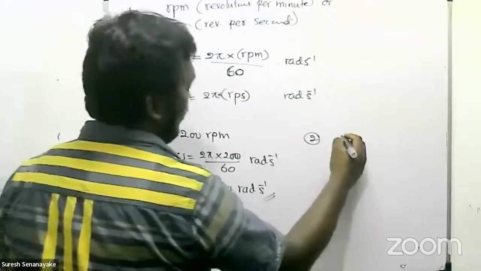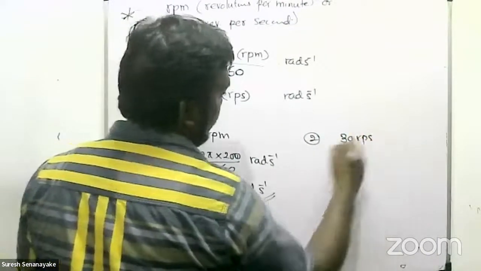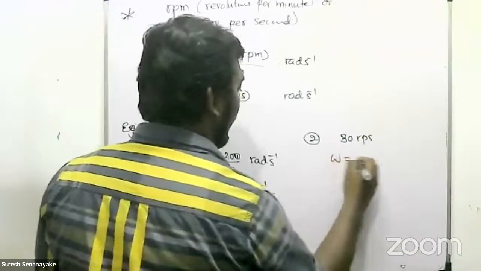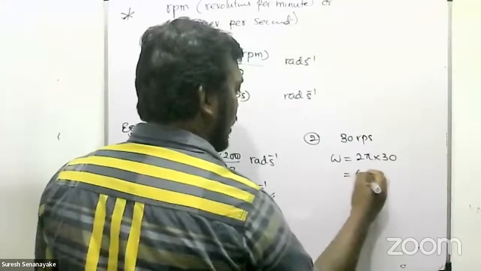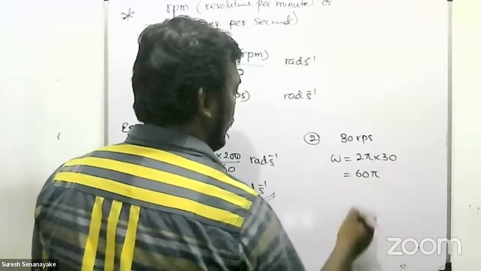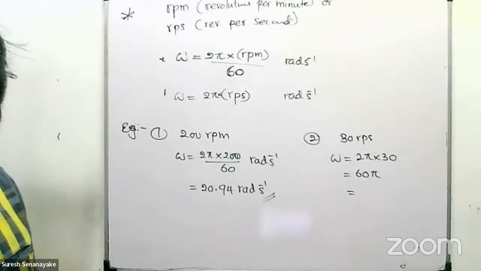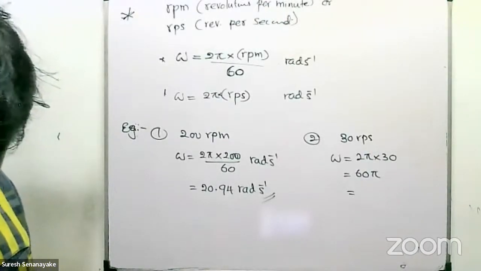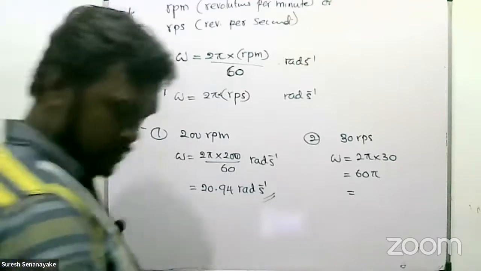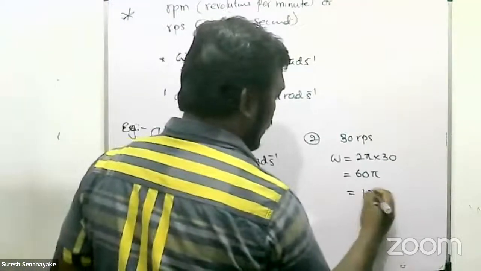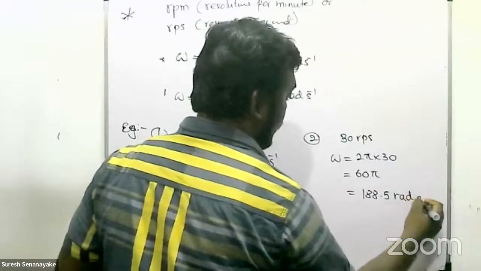Second question, let's say it is 30 RPS, then the omega equals 2 pi multiplied by 30 only. So that is 188.5 radians per second.